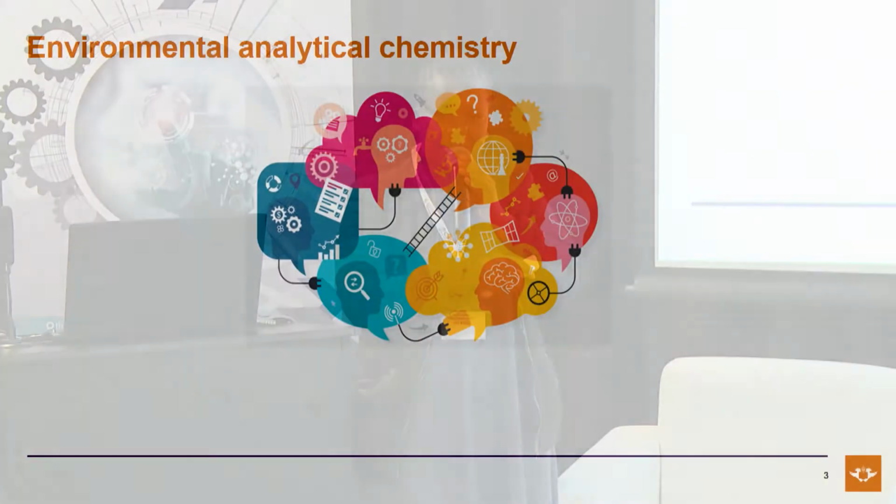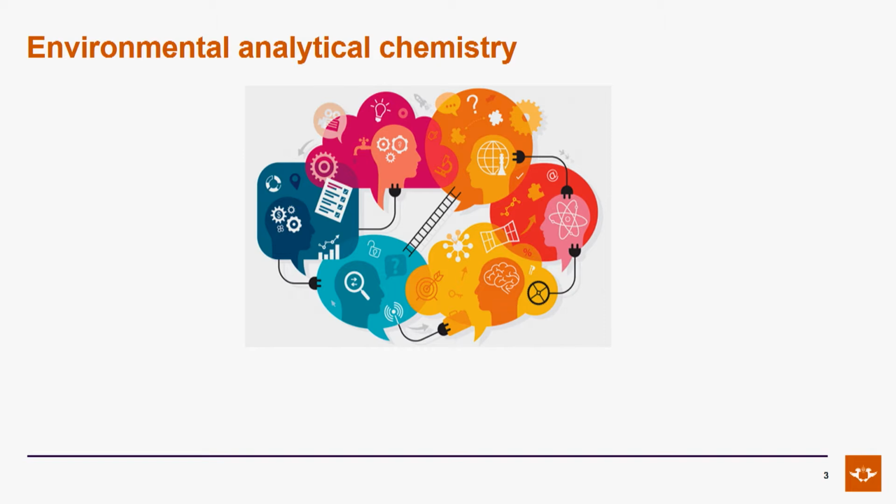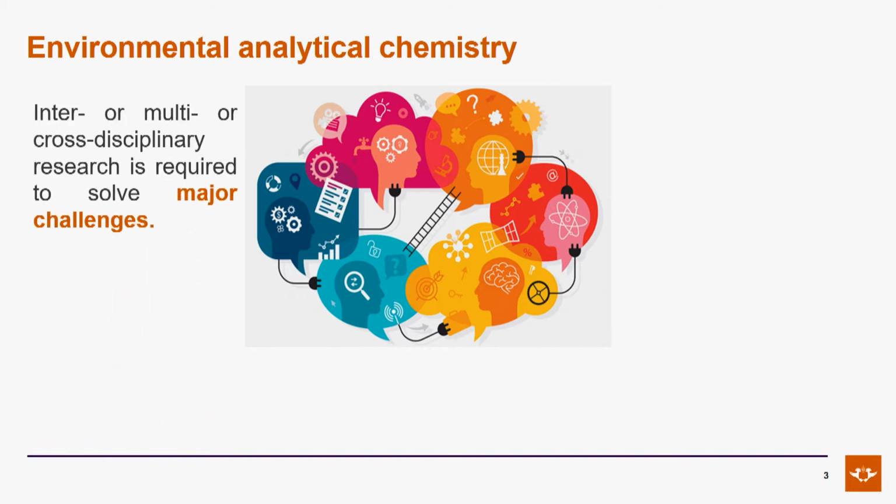Now, one will ask why I combine the two. You will recognize here there are two things that are combined: environmental chemistry and analytical chemistry. Why? In order for us to get certain answers, one discipline cannot give us that answer. And when we work together, we are able to get answers.